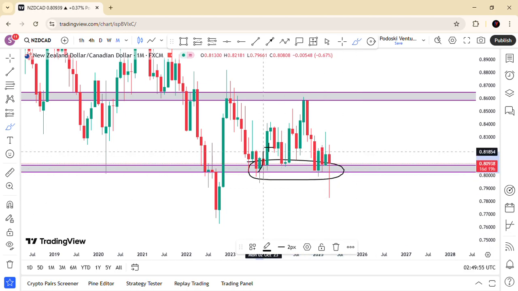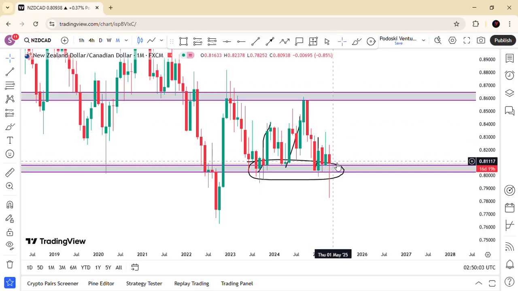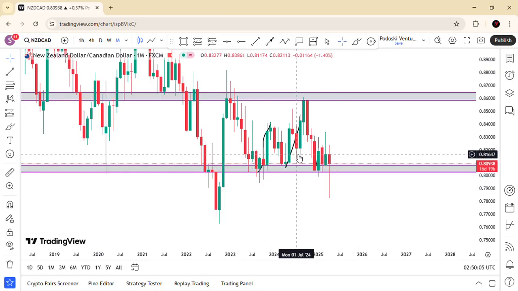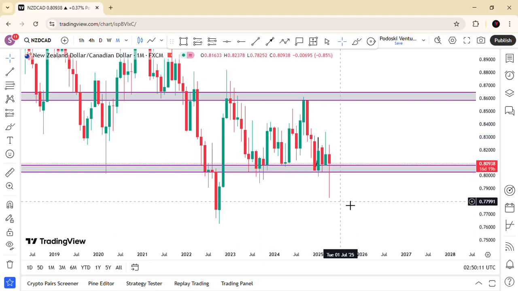Whenever price taps into that zone, we are seeing a bullish market. So once again, we are expecting another bullish market and another buying pressure on NZDCAD.